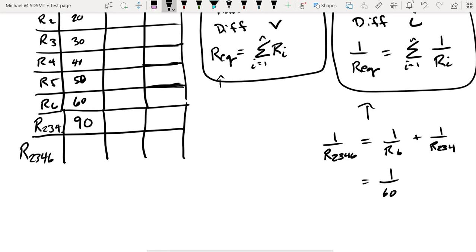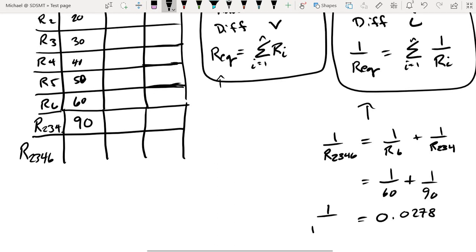So we have 1 over 60 plus 1 over 90. I'll go ahead and put this together in my calculator. 1 over 60 plus 1 over 90 makes 0.027 repeating, so I'll round that off.